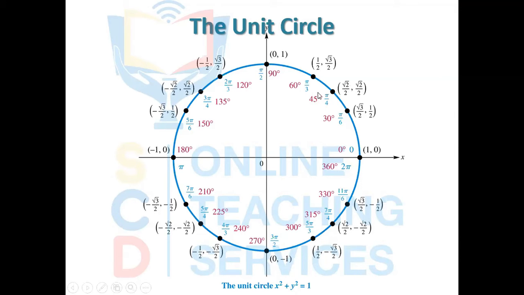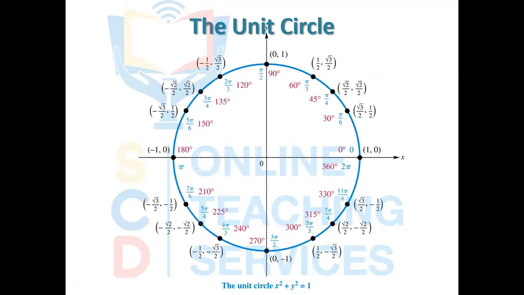Now, if you look at this, when you move to quadrant 2, because this is quadrant 1, right? Yes. I know you are familiar with the Cartesian coordinate plane.